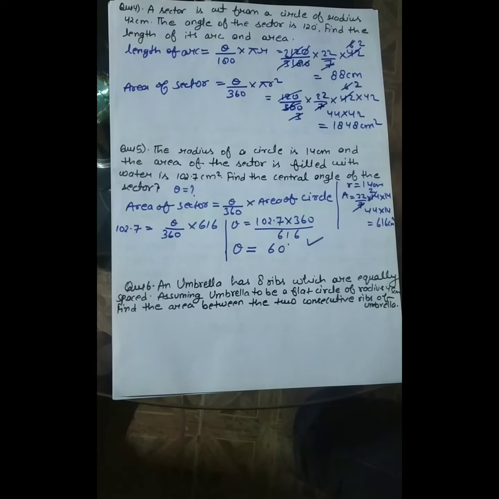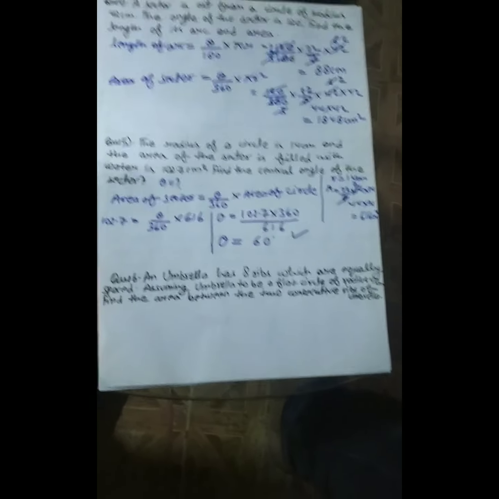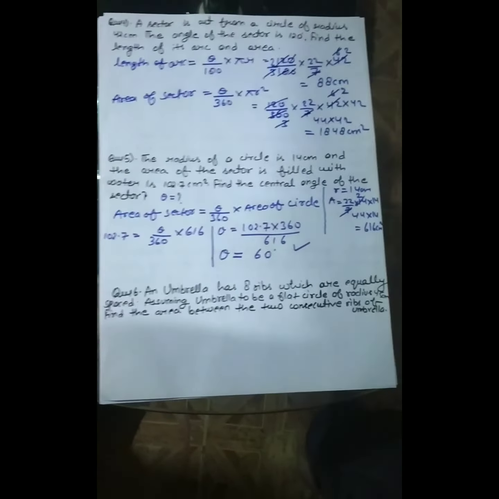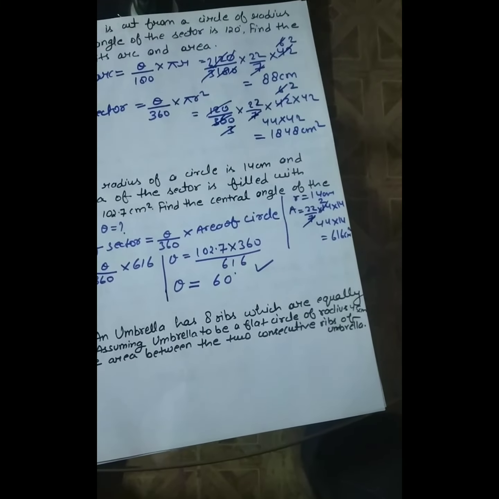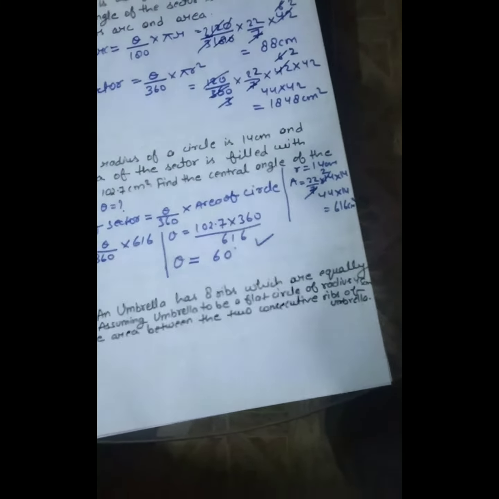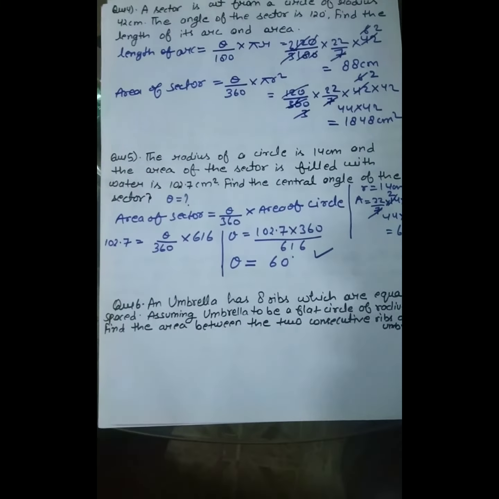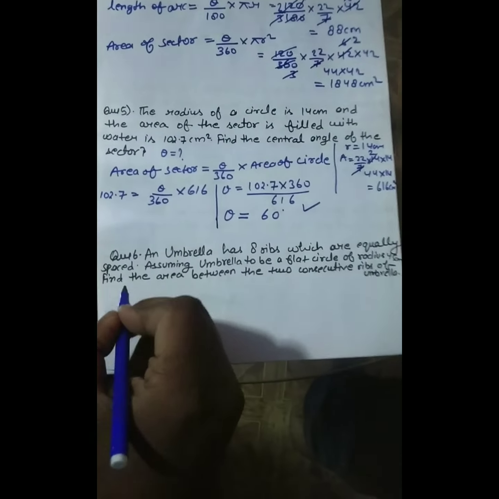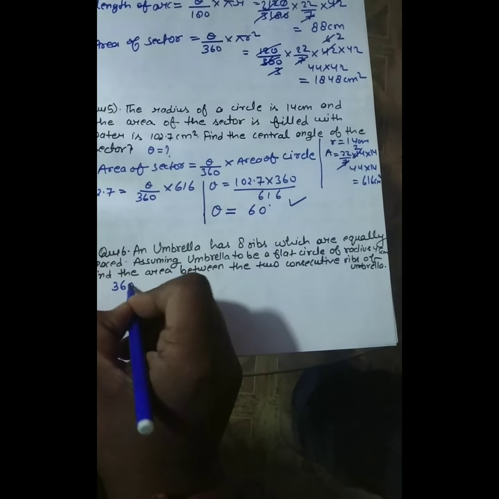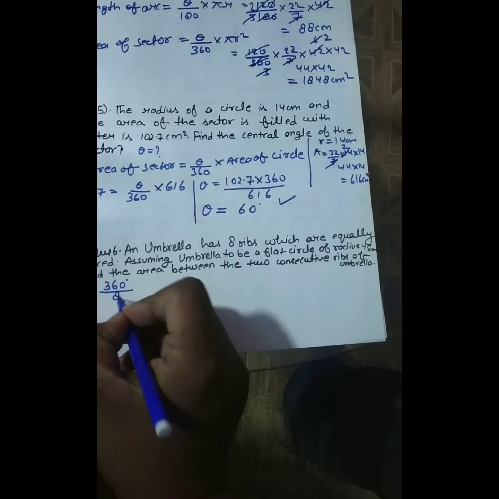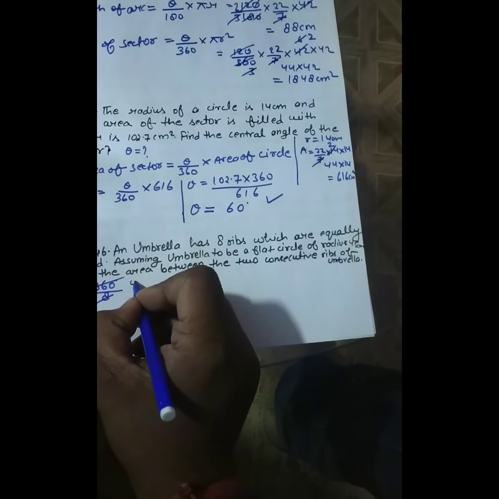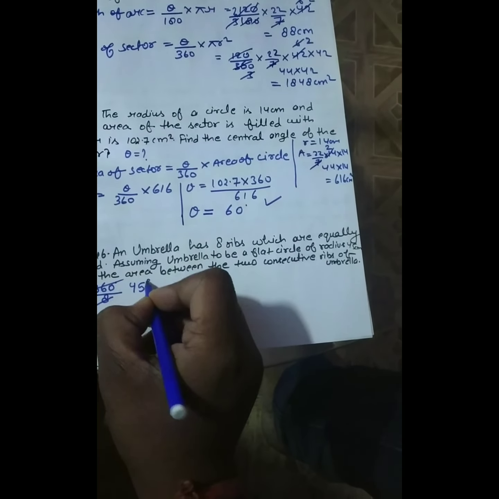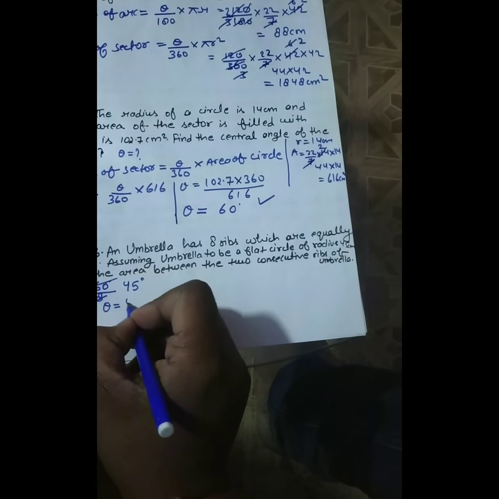Okay, and the value for the whole angle of any circle, that is 360 degree. So firstly we will divide the whole angle, that is complete angle 360 by 8. So here 360 degree divide by 8, so it will be 8 4s are 32 and 8 5s are 40. So the value of theta is 45 degree.